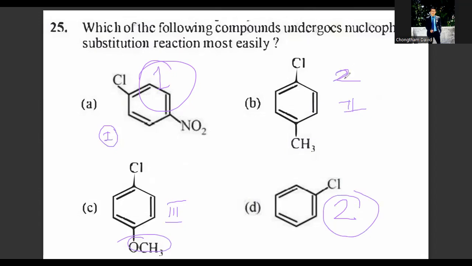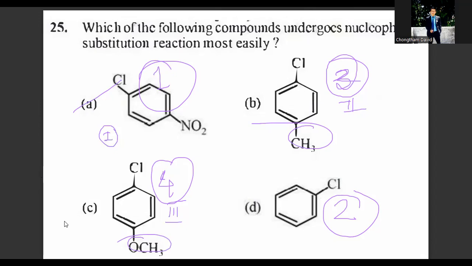Third will be this para methyl containing compound, and the last one will be this option C. So A, D, B, C is the sequence. So the compound that undergoes nucleophilic substitution reaction most easily will be A. So A will be the answer for this question.